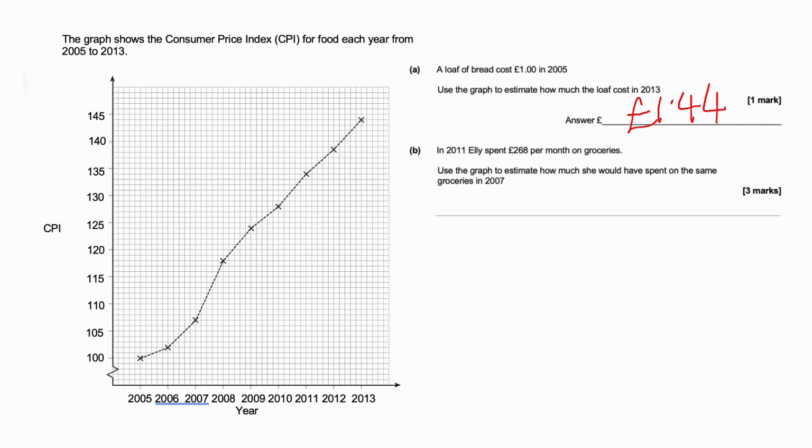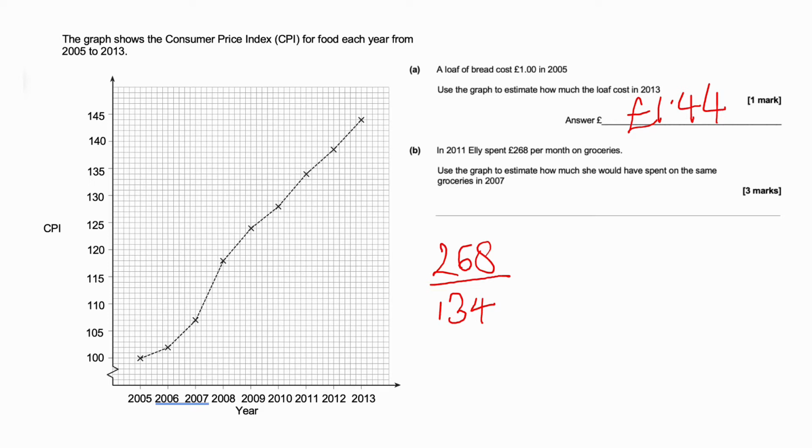If I read up to here and along here, we get 134. So because hers was actually 268, we can do this divided by this to work out the ratio of times bigger hers is than what this graph represents.